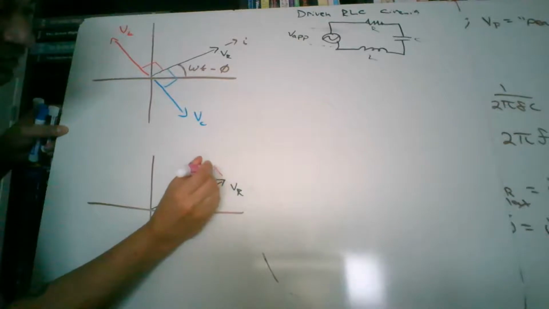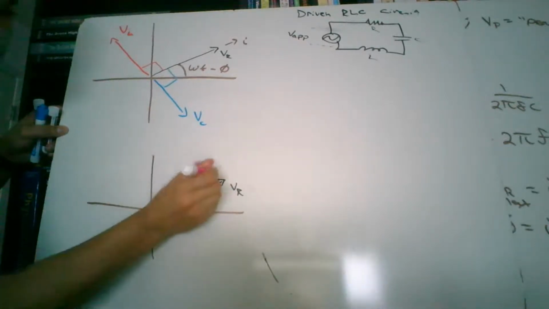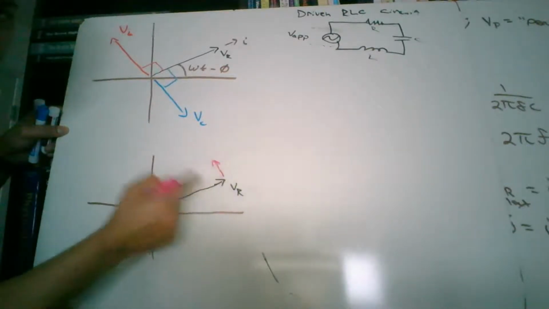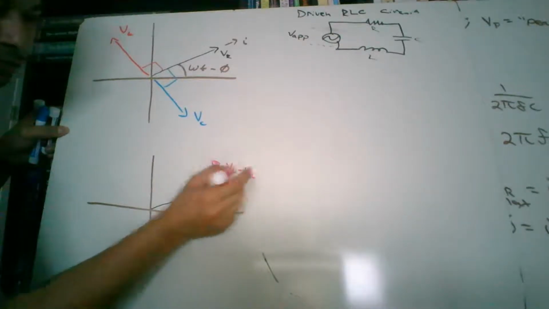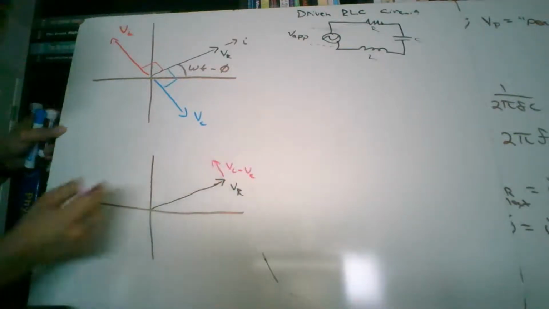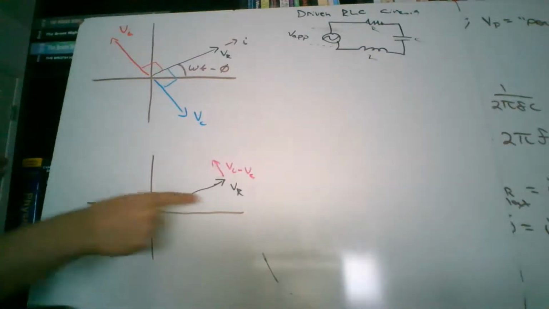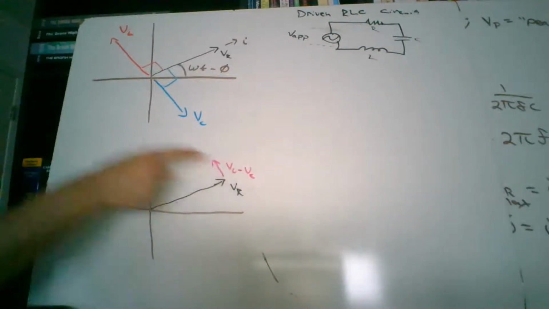And that's going to be just a little bit like that. And it's 90 degrees. Whoop. 90 degrees. And this vector right here is the voltage of the inductor minus the voltage of the capacitor. Look at that. You can start to see where we're going to get that impedance equation from. So we have the voltage of the resistor, and the voltage of the inductor minus the voltage of the capacitor.